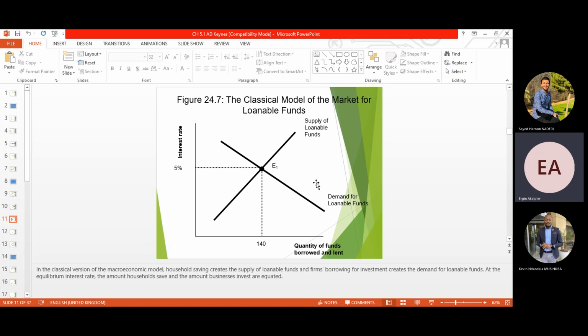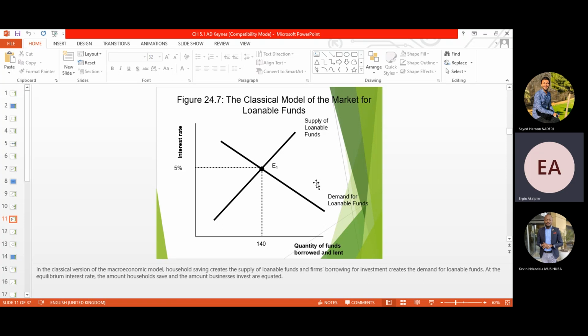And when we are coming to the supply and demand of loanable funds in the economy, the suppliers, as you are understanding of this loan, of this capital, are the households. They are holding a small percentage of saving, let's say 1%, 2%, or maximum 10% of their income, which will be saved in the banking sector, in the financial system.